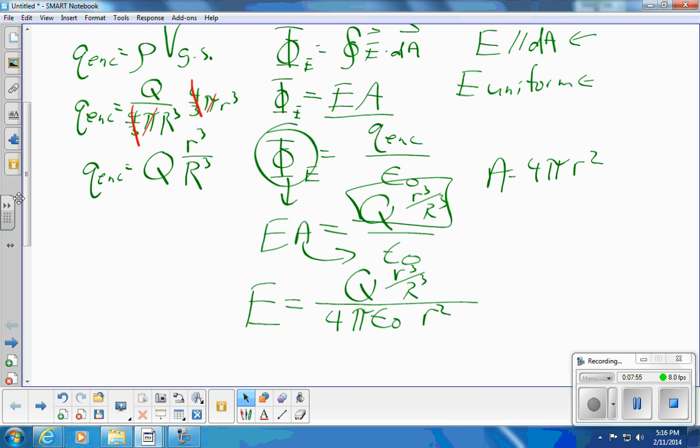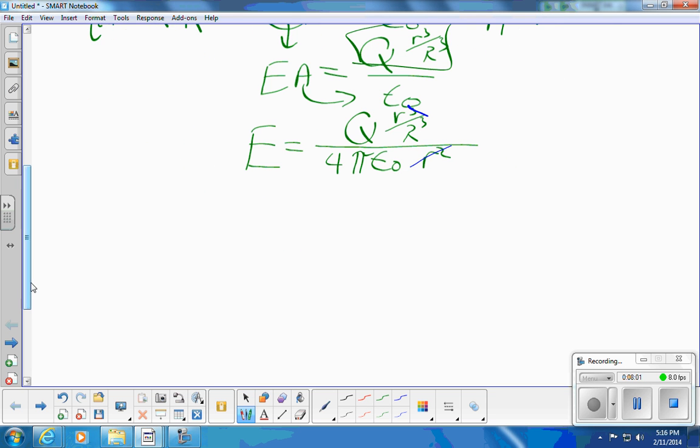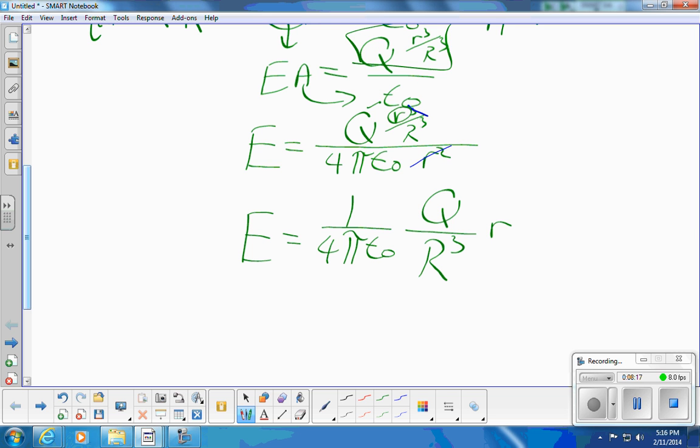I simplify because I've got a little r cubed on top and a little r squared on the bottom. And I end up with the electric field is 1 over 4 pi epsilon naught, which I choose to write out in the front, times big Q over big R cubed, and then I still have this r hanging out there, times r. And that is it.